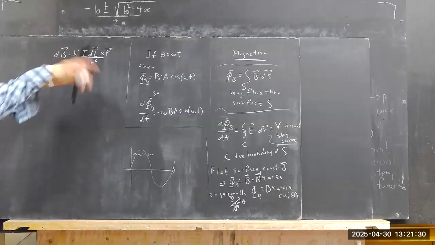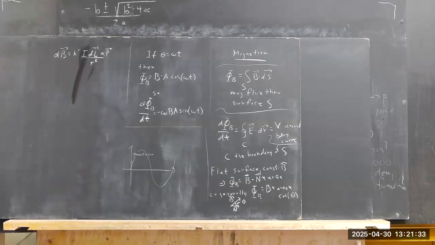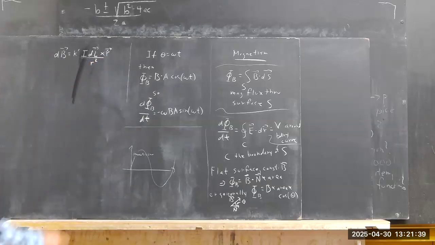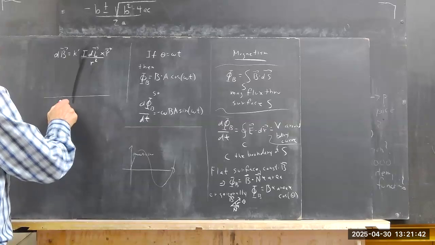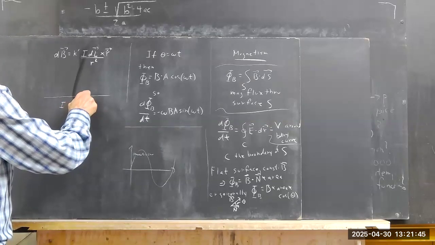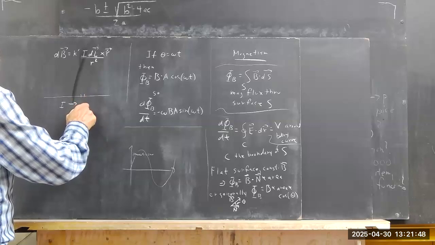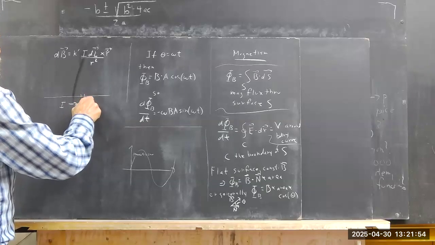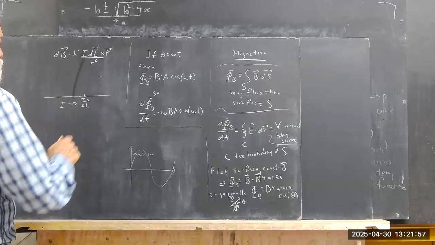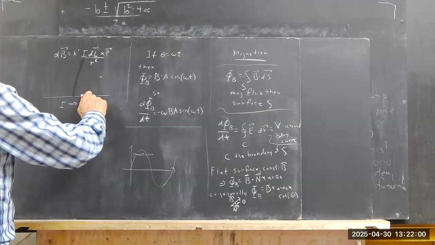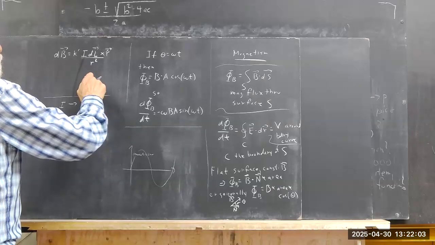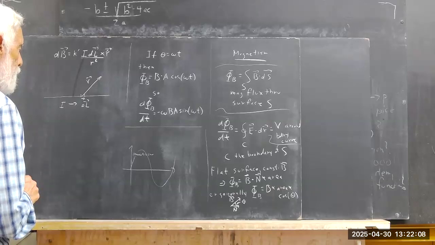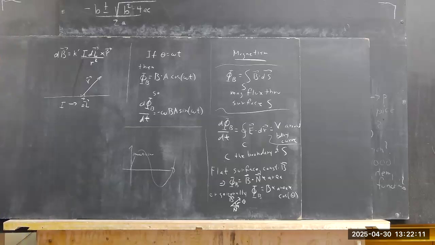I think that's the notation that's used. R hat is a unit vector. R is the distance to the point. Your picture has input current I. Here's an increment dL. Here's your point. Here's your R vector.